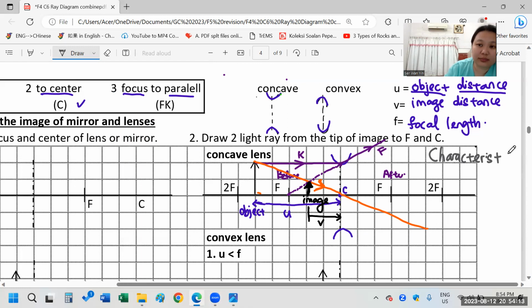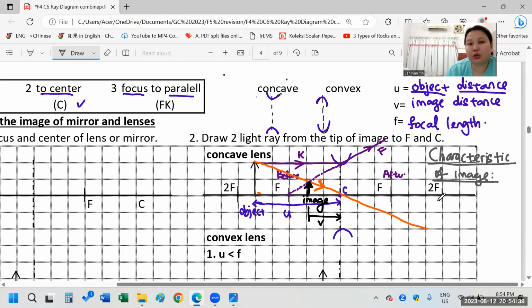What is the characteristic of image? I write characteristic of image. If possible, here we use the pen. For drawing we use pencil, but here we write.